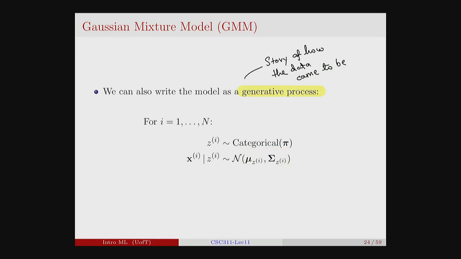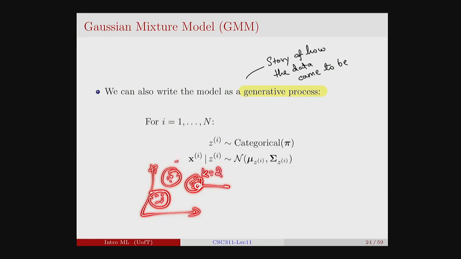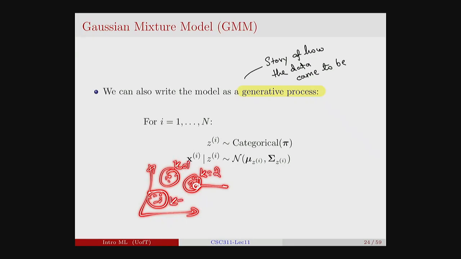So think back to that example of 2D data points that lay here, here, and here. In this particular 2D data set, the generative process for this particular data point was effectively that first someone picked k is equal to 2, if this was k is equal to 1 and k is equal to 3.